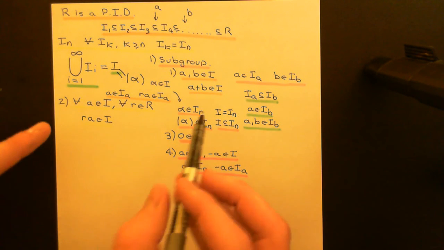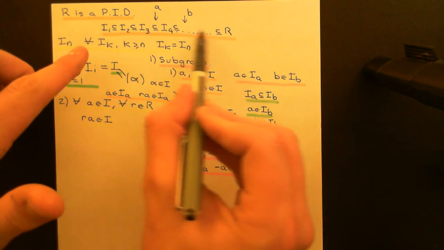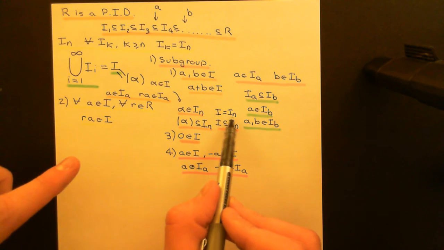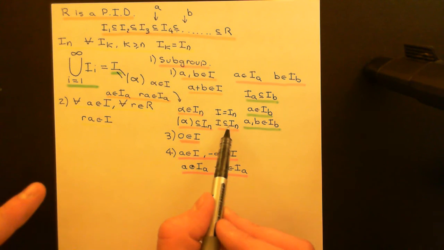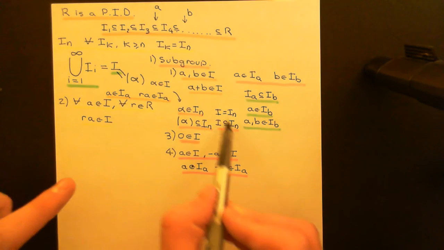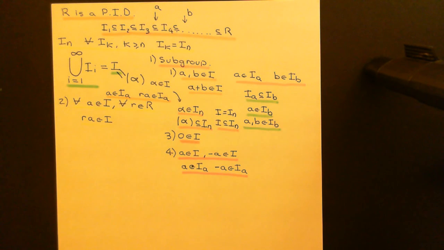And we therefore see that all of the ideals after that have to also just be equal to this I_n, because if any of them were bigger than I_n, then I would end up bigger than I_n. So we've now proven that this does indeed have to become stationary. You cannot continue getting bigger and bigger ideals infinitely in a principal ideal domain. It must eventually stop. So an ascending chain of ideals must become stationary at some point.